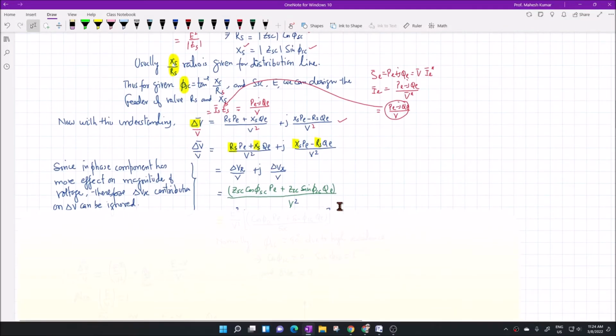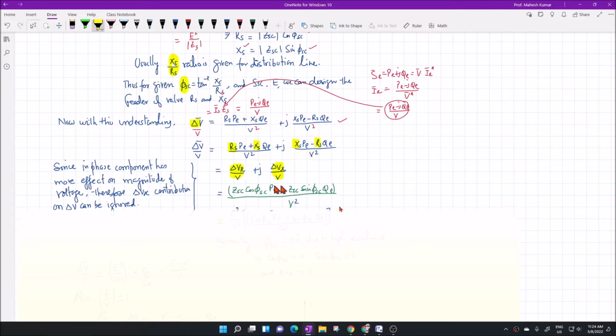And these two terms are basically the real component or in phase component of delta V. This is delta Vr by V. This is in phase with V, and this is delta Vx, that is in phase quadrature with V. So we call it delta Vr and delta Vx.